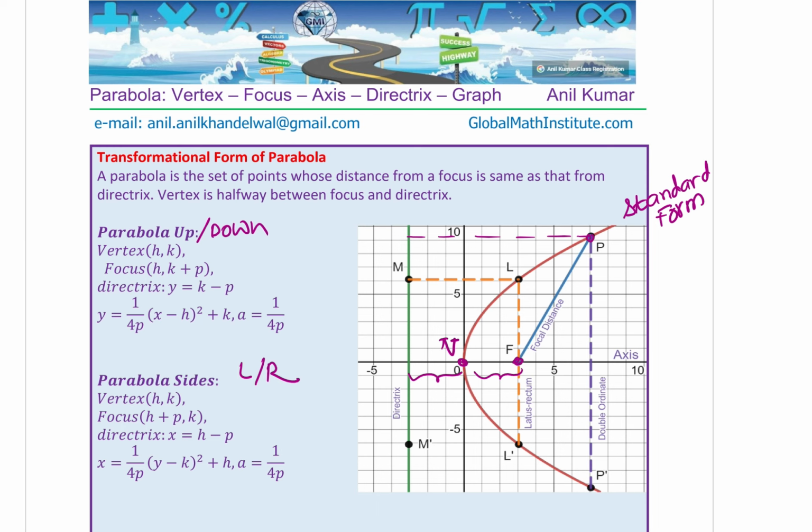So if we have a transformed parabola, that is to say, the vertex has shifted, translated to (h, k), in that case the points will be as mentioned here. Is that clear to you? For both kinds of parabolas. So that becomes a key for you to understand the related formulae and how we apply them.